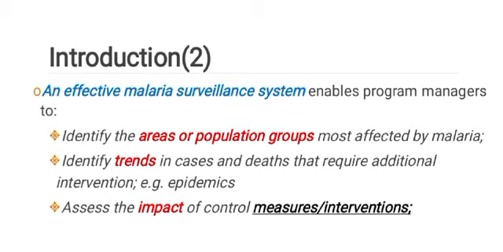An effective malaria surveillance system enables program managers to identify the areas or population groups most affected by malaria, identify trends in case and disease that require additional intervention, for example epidemics, and assess the impact of control measures or interventions.